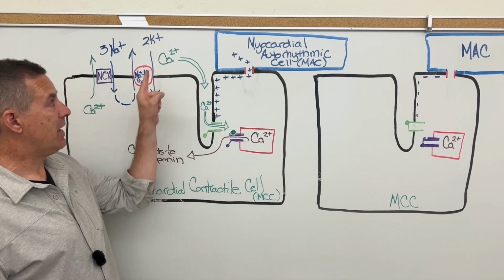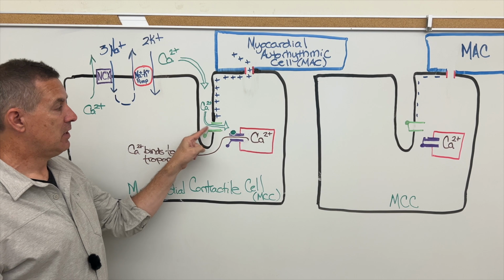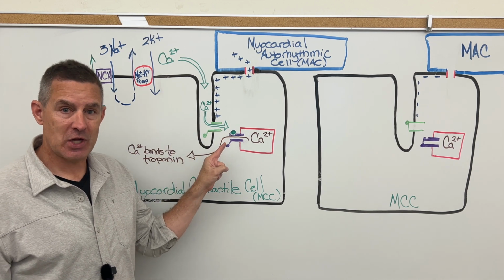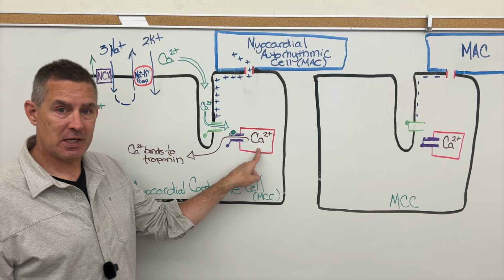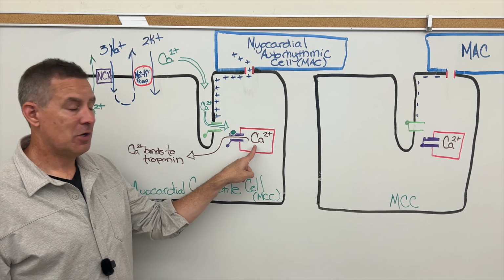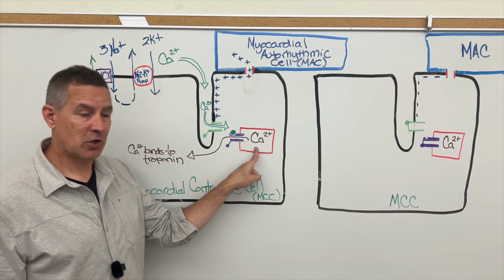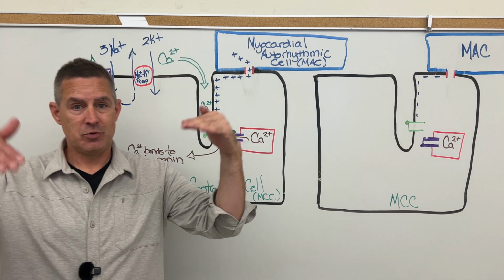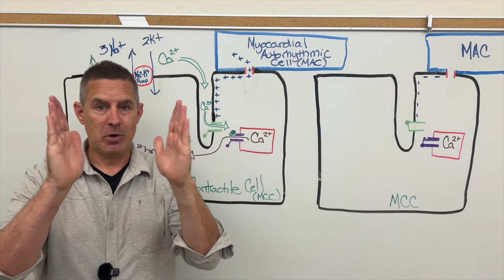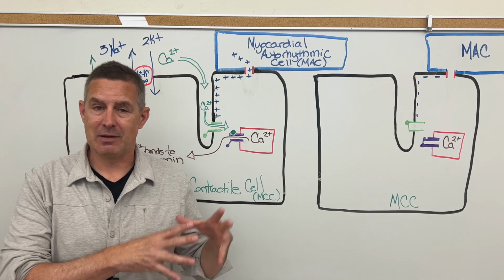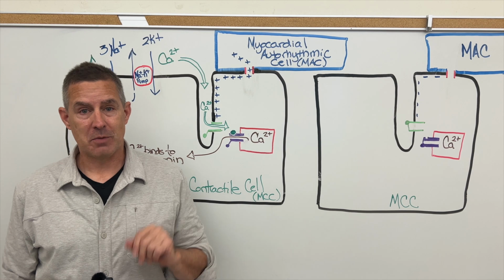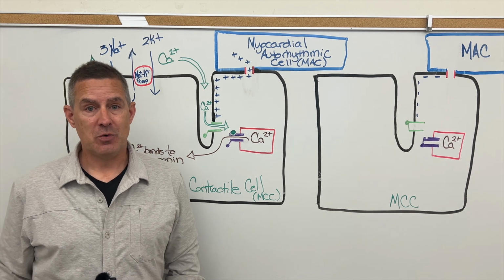That's going to allow extracellular fluid calcium to move through that channel and to bind to the ryanodine receptor channel on the sarcoplasmic reticulum, open up that channel, allow calcium to depart the sarcoplasmic reticulum and go bind to troponin, which then moves tropomyosin out of the way, and boom, we get muscle contraction. Certainly I left out a lot of steps of the sliding filament theory there, but look at the previous video on that if you need a review.